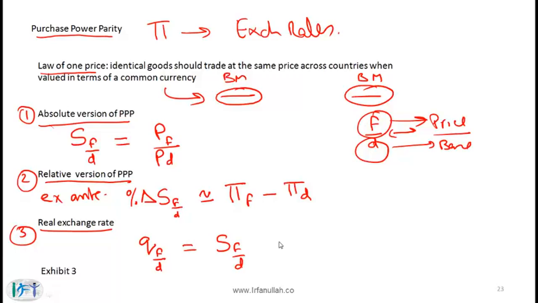Let's say price level is denoted by CPI. So CPI in the domestic currency divided by CPI in the foreign currency. So this is the third relationship that you need to memorize in the context of purchasing power parity.